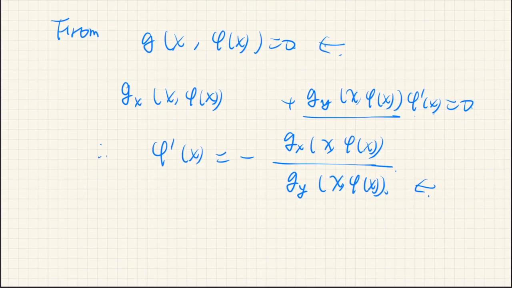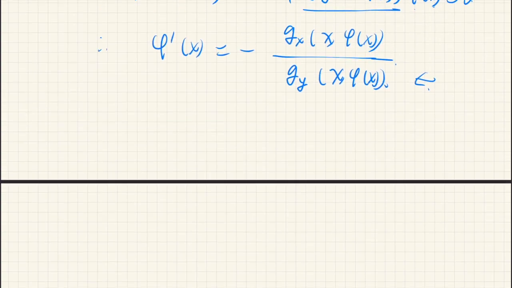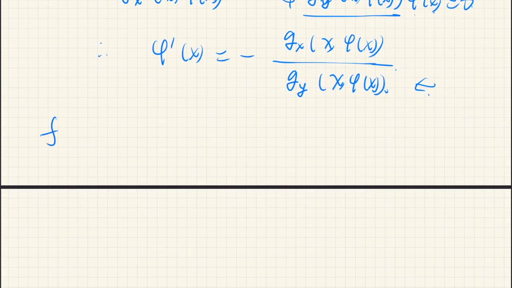Now let's differentiate f with respect to x. Maybe we should write this as h of x, since it's a univariate function.